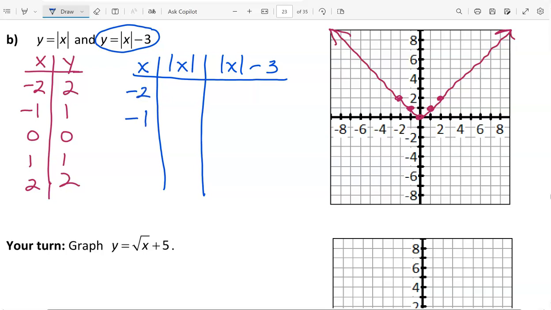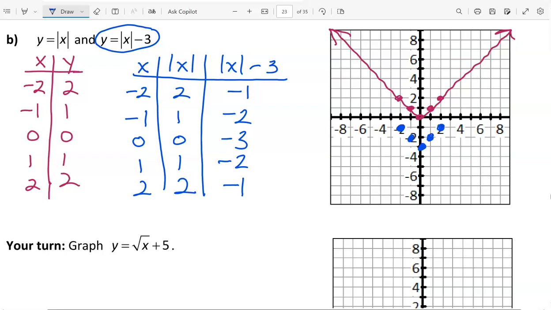I'll use the same inputs and take their absolute values and then subtract 3 to get the final y values. Now we have -2, -1; -1, -2; 0, -3; 1, -2; and 2, -1, and this will also form a V shape.